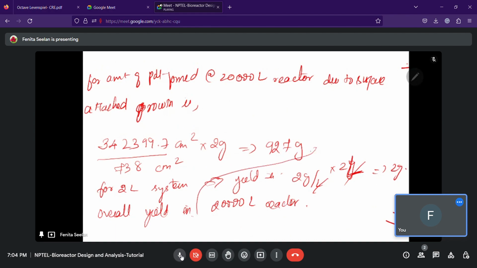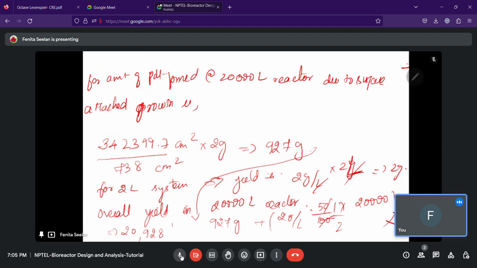This one, this is 927 grams due to attachment plus 2 gram per liter is the productivity of the other reactor, 50% right? 50 into volume is 20,000. Equal to what is the answer? This is somewhere around 20,928 grams.